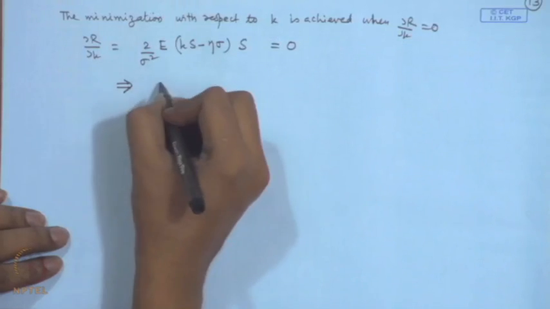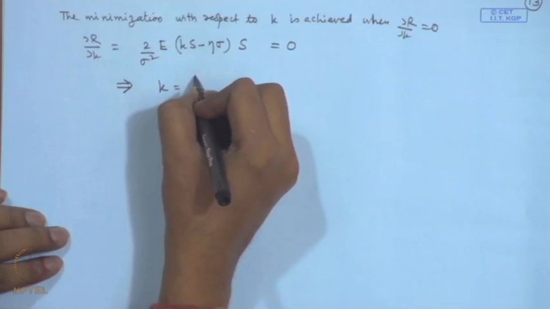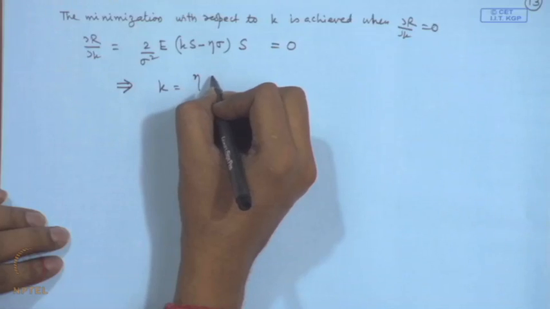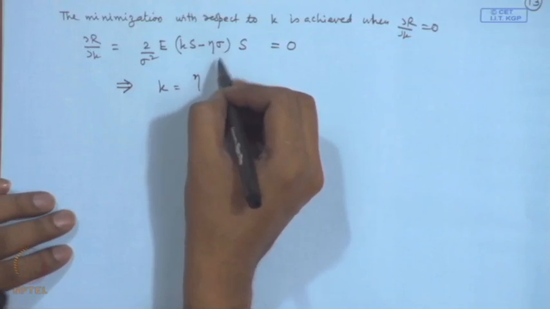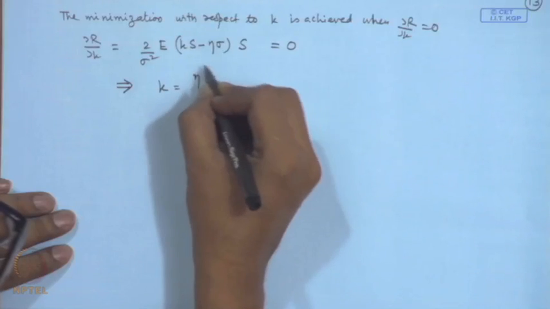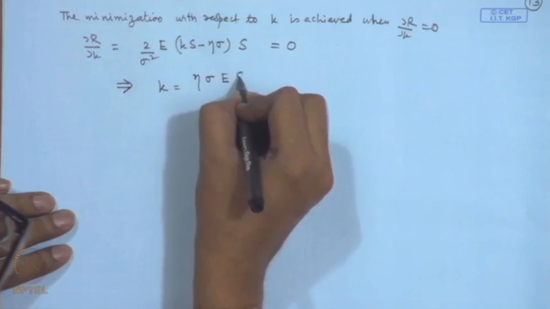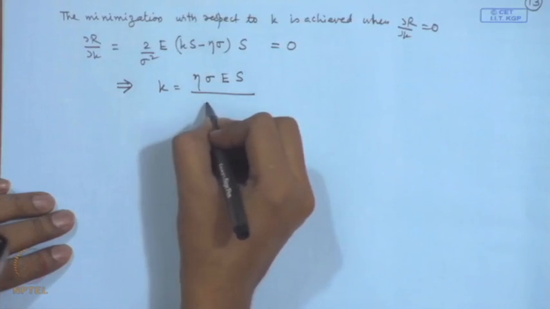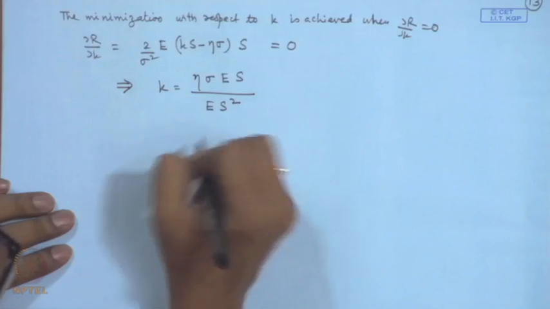That will give us k is equal to eta sigma expectation of s divided by expectation of s square.